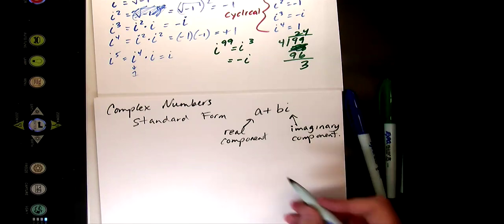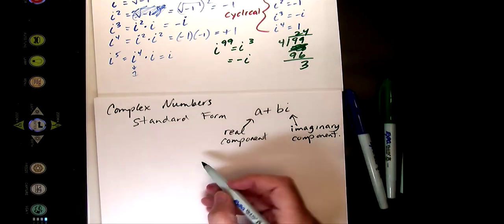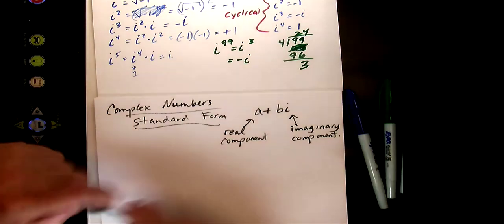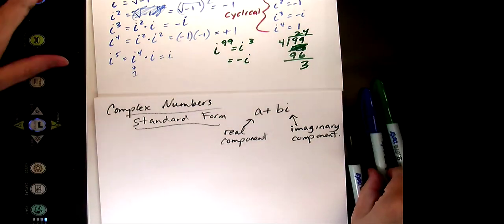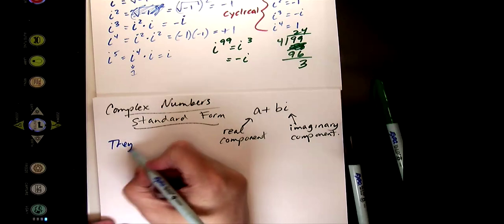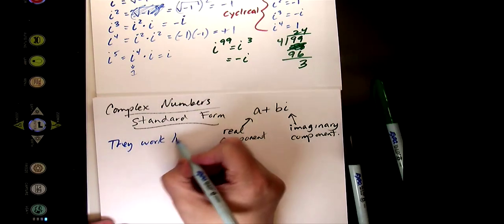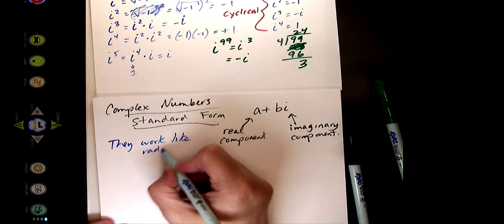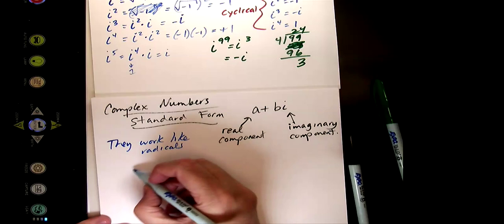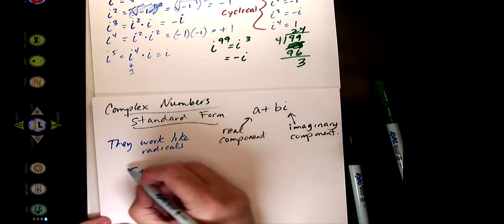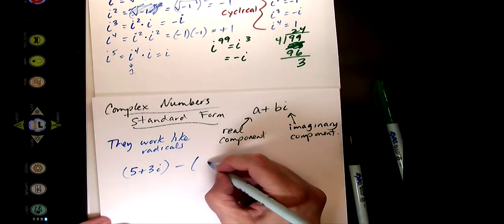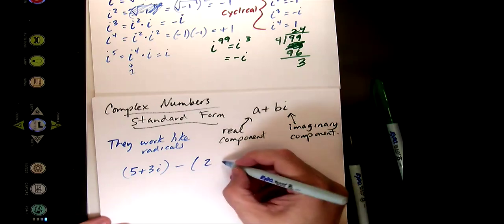All right, so, playing with them. They work like working with radicals because they are radicals. So like 5 plus 3i minus 2 minus 4i.